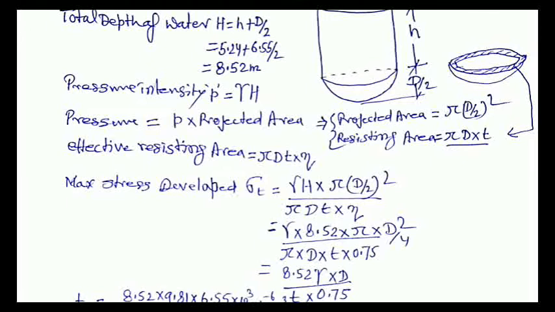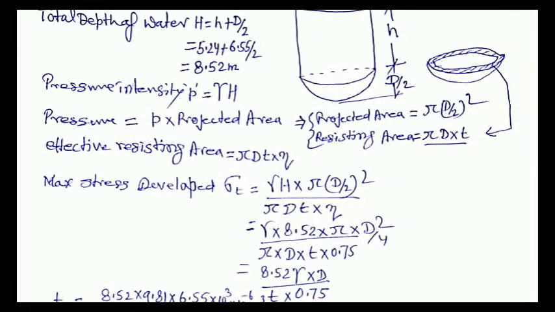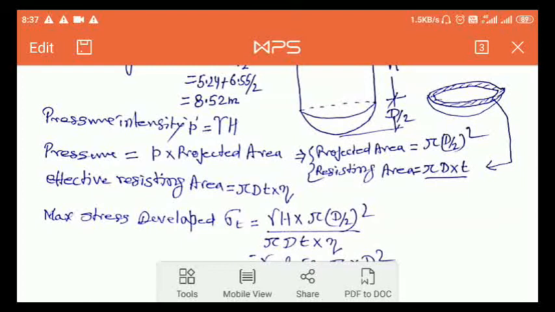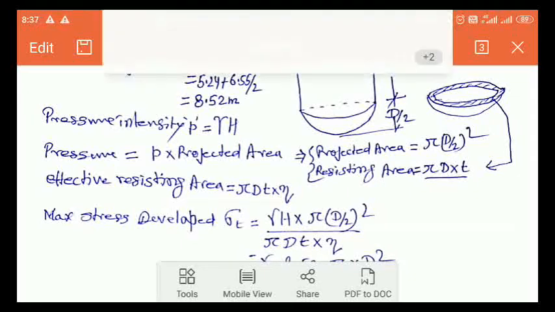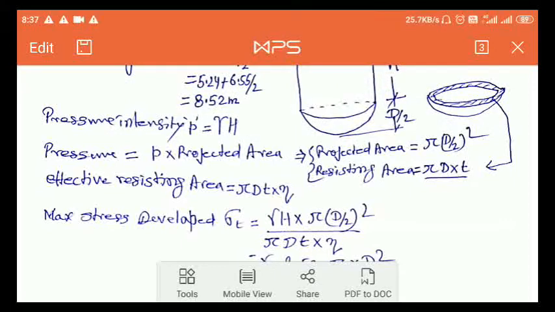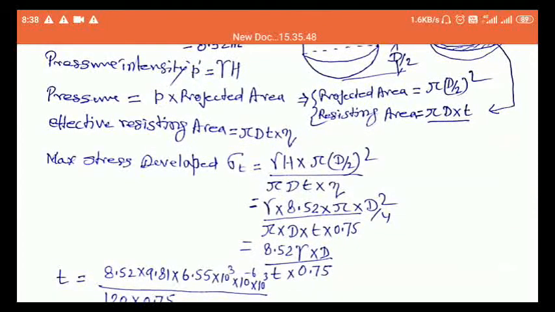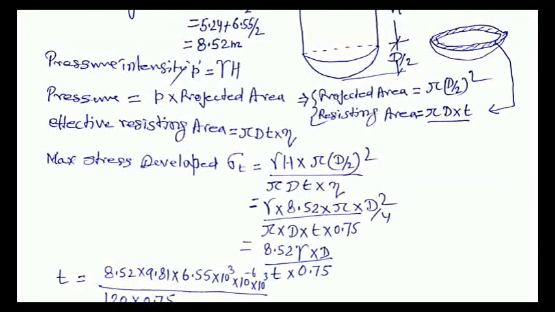P into projected area. Here projected area is pi d by 2 whole square, and resisting area, as you can see in this hemispherical portion, is the wall of the hemisphere, which is shown by hatching here. So this resisting area comes out to be pi d into thickness of the plate. So effective resisting area, you can say, is pi d t into eta, efficiency of the plate.